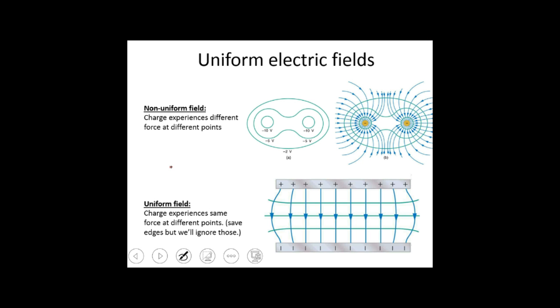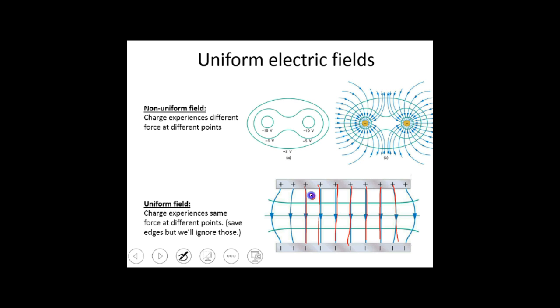Okay. There are both uniform and non-uniform electric fields. A uniform electric field is where there are even spacings between the field lines. And so the field has an equal strength at any point here.